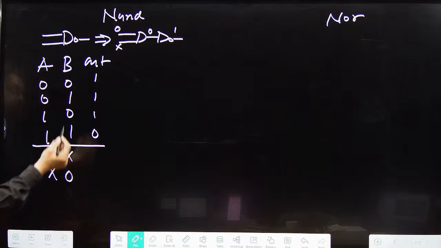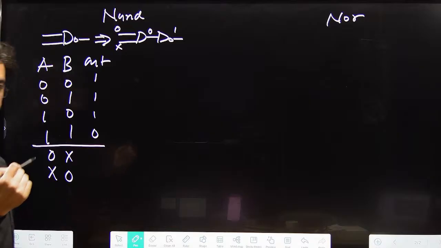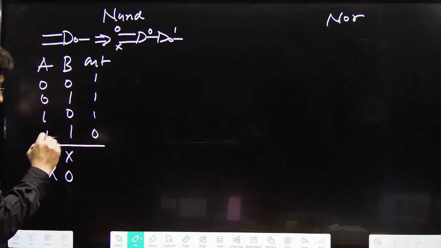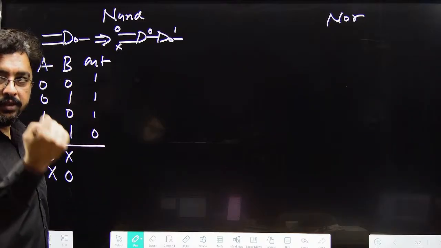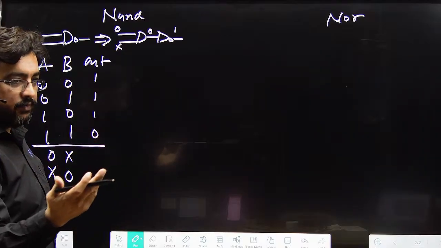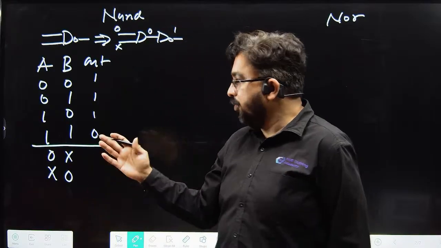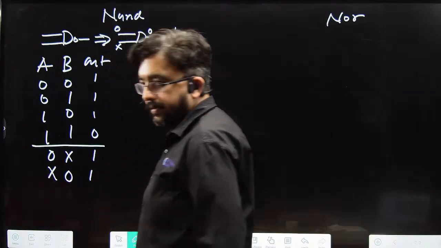Because this NAND gate is made up of an AND gate, and the AND gate gives priority to 0, this 0 will dominate the x and z, and the output is 1.